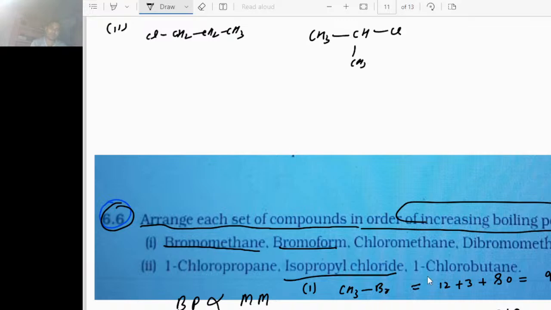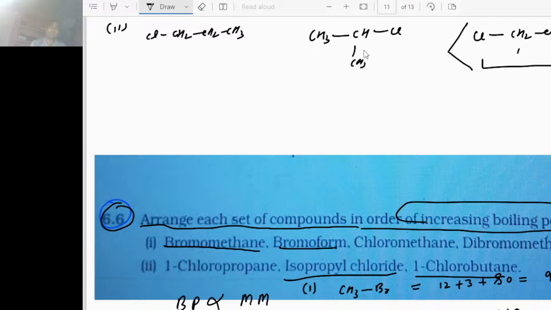And 1-chlorobutane, student: Cl, CH2, CH2, CH2 and CH3, so here 1, 2, 3, 4. See, the larger compound has a high molar mass, so this will be in the first position.